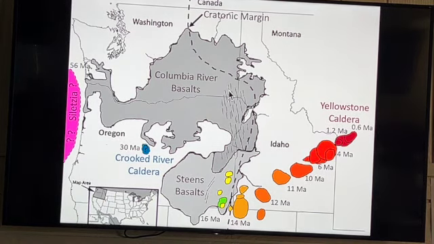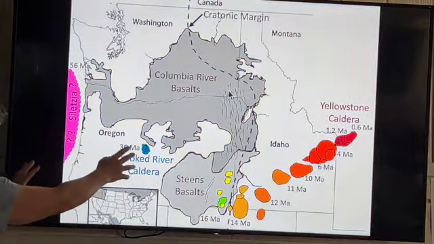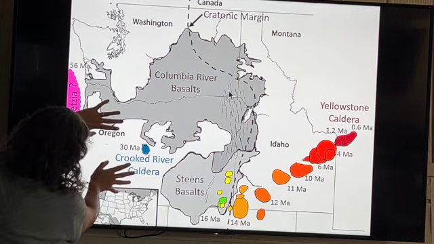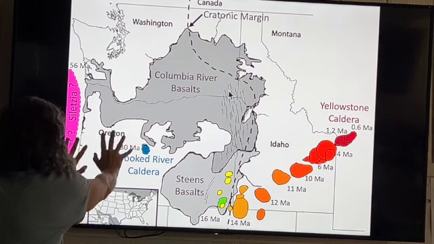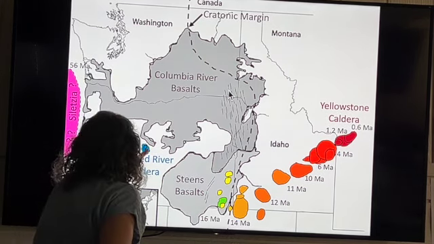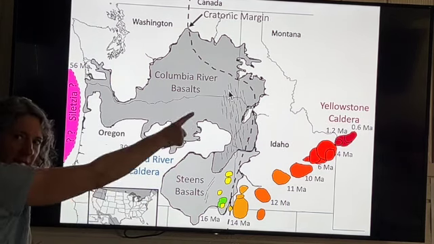So that doesn't really work unless this part of Oregon has rotated clockwise, which we know now that it has. So if you picture, so there it is. Oregon has been rotating clockwise for millions of years. If you back rotate that, go back in time and rotate it counterclockwise, that could potentially bring these two in line with the rest of them.